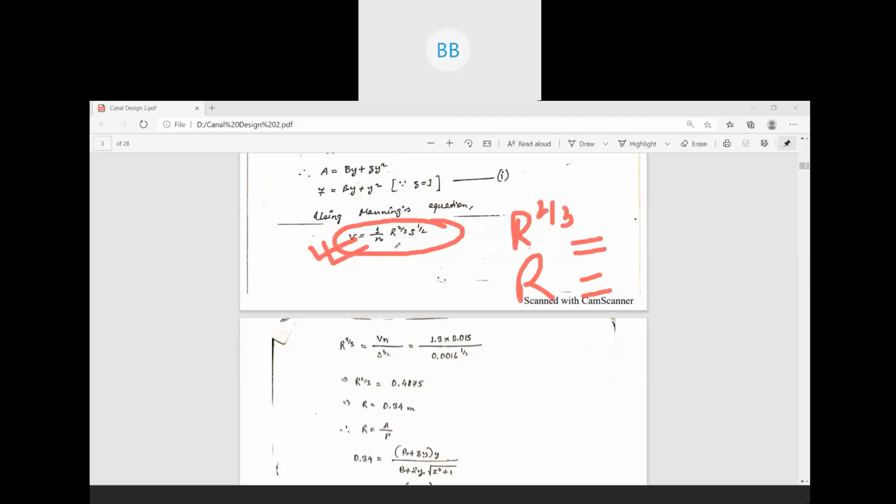So from that Manning's equation, try to find out the r value and see if you are getting 0.34 or not. Slope is already given, Manning's n is also already given, velocity is also given.